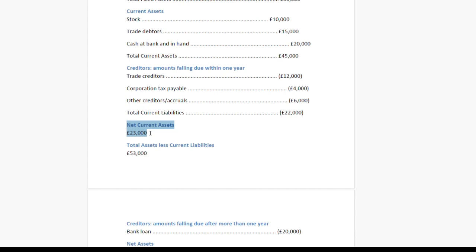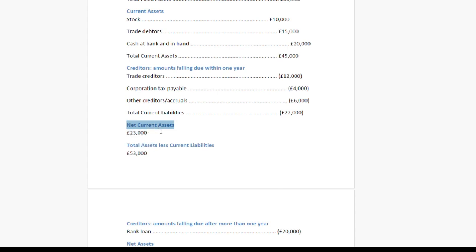So again, it's a positive indicator. If that number was negative, then potentially you've got a problem, because what that's saying is you haven't got enough assets to cover your short-term liabilities and short-term creditors, and that could represent a problem as well, and would potentially need to be looked at.